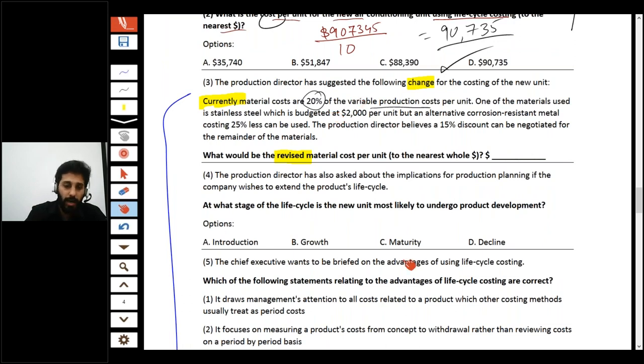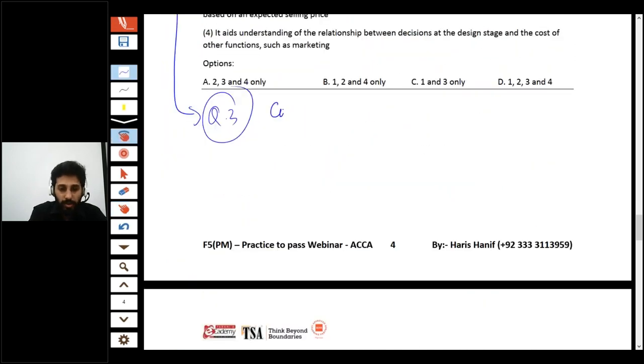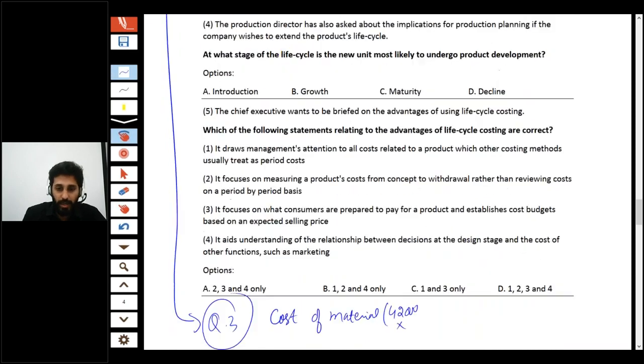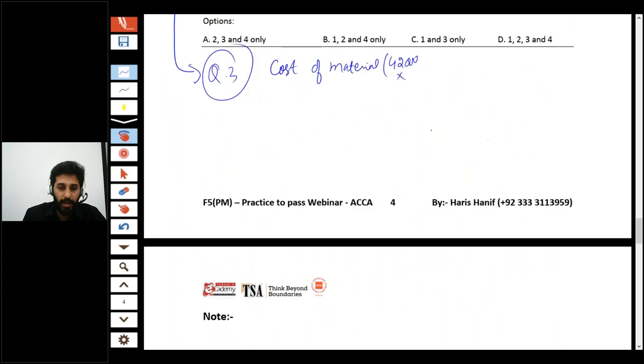Now I'm writing that cost of material is 42,000 into what was the percentage? It was 20%. So currently my cost is 20%, right?